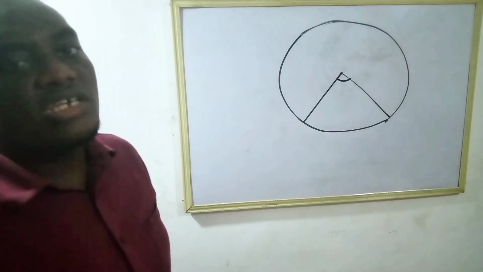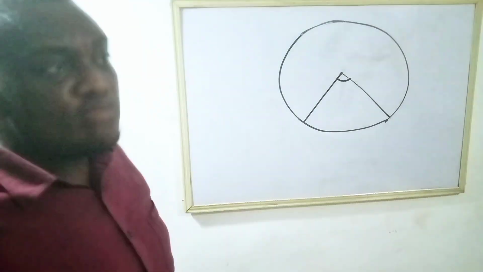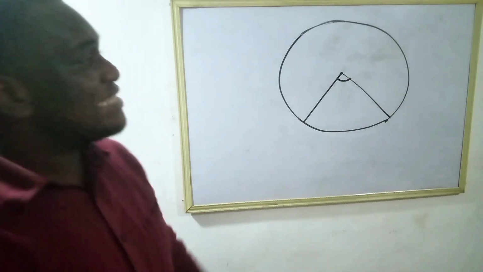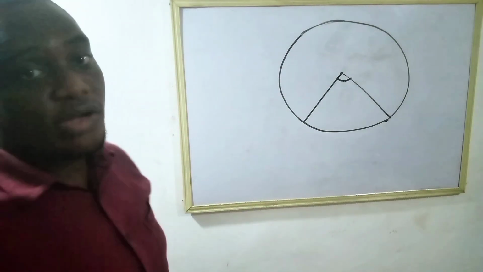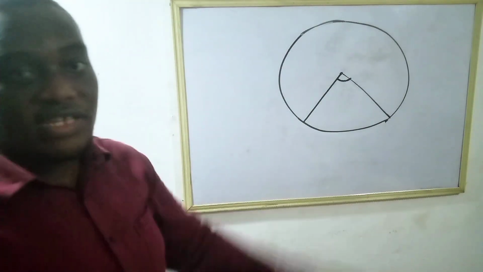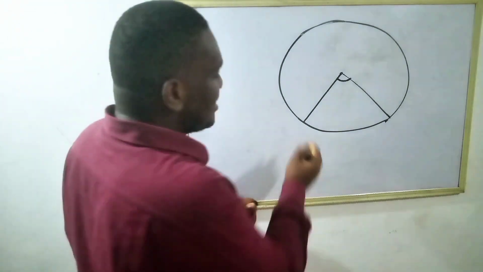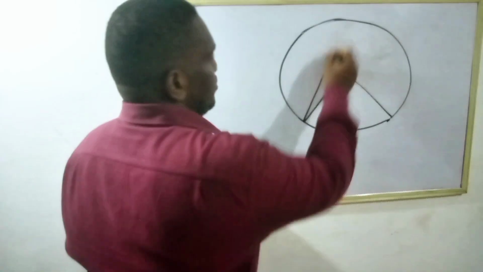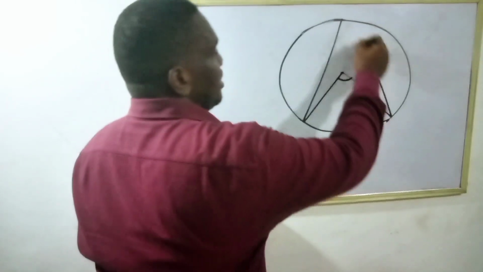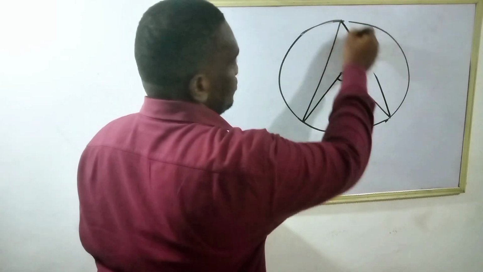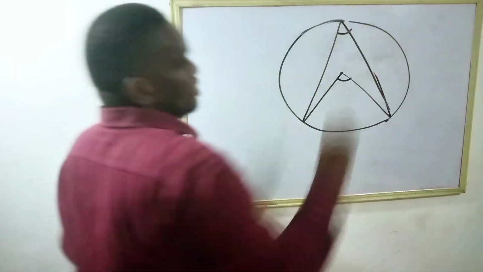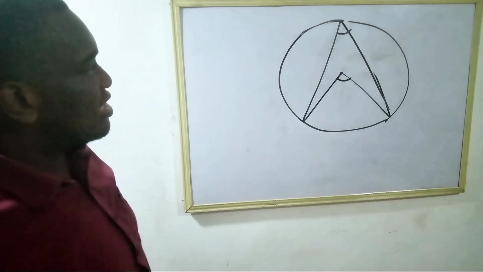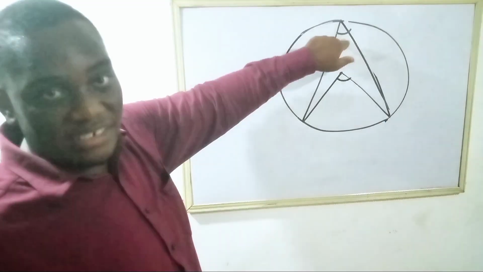What Theorem 2 simply tells me is that this angle subtended at the center of the circle is always going to be 2 times the angle subtended at any other point on the circumference, provided they subtend the same arc. So, provided they subtend the same arc, this arc, if I draw another angle, just producing 2 lines also, there is another angle subtended.